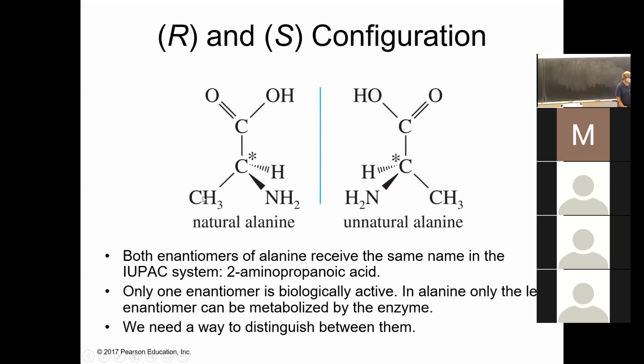The next one out for CH3 would be hydrogen, and here we have oxygen. So the carboxylic acid takes priority over the methyl group. Nitrogen takes priority over carbon, since nitrogen is atomic number 7 and carbon is atomic number 6.